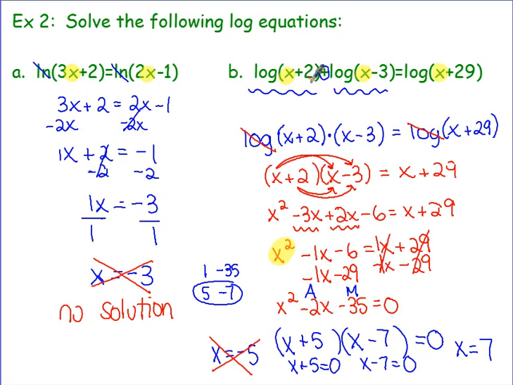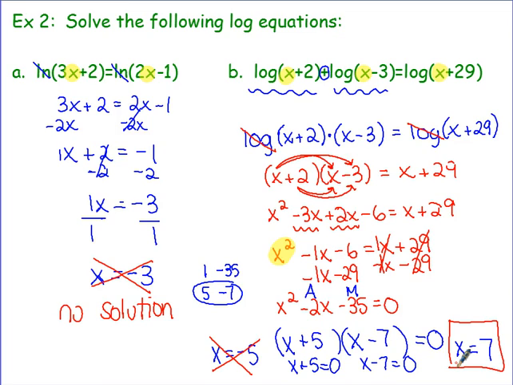That's a positive. 7 minus 3 is 4. That's a positive. And 7 plus 29 is 36. And that is also a positive. So this, we can put a box around, and that is our only answer. So the only thing that makes these tough is that you have to do that factoring stuff.